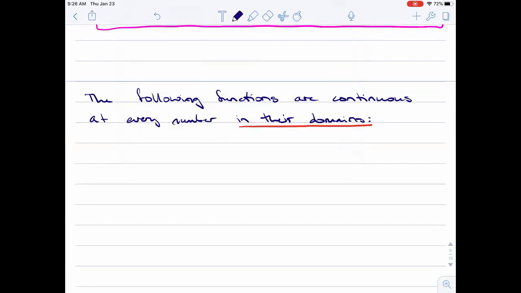That's really important, we can't just stop at every number. In their domains. Not that helpful, but if we're familiar with the domains of these things, then yeah.